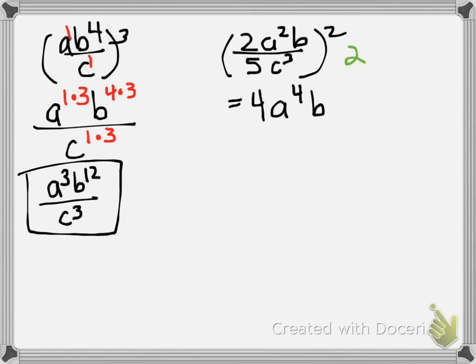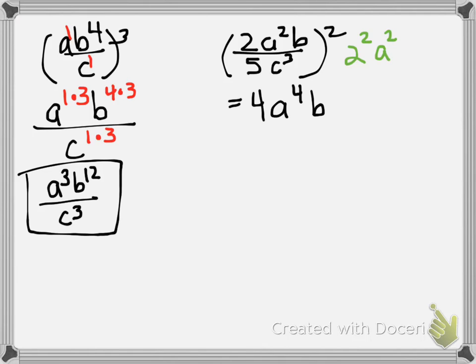When raising a power with a coefficient to a power, raise the coefficient to the power and multiply it out. Then multiply the exponents on like bases. Okay? So, what am I going to do to the 2? Raise it to the power. Which power? 2. Okay. What am I going to do to the a squared?